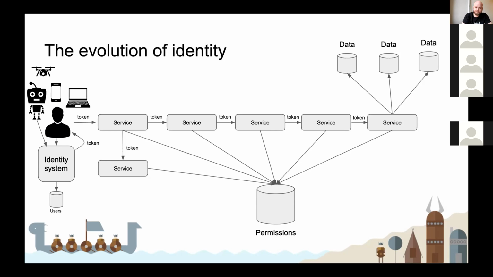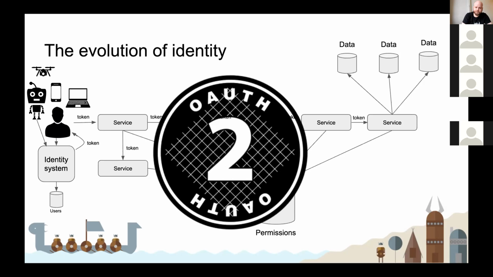So we need a system to cater for all of these users. And that's pretty much what OAuth 2 is about. It's about delegating responsibility for this, having a token passed in return, and that token then carried through this microservice landscape.